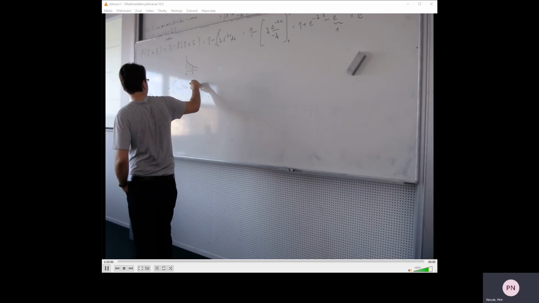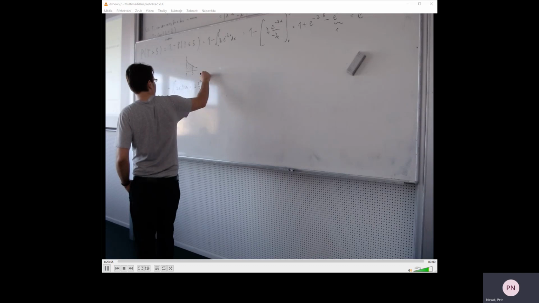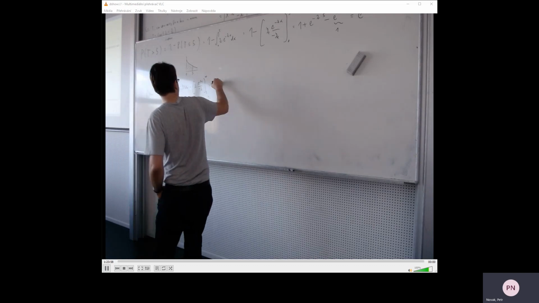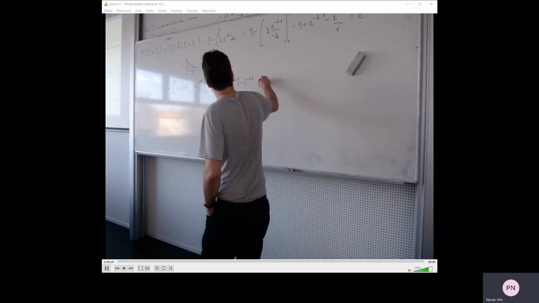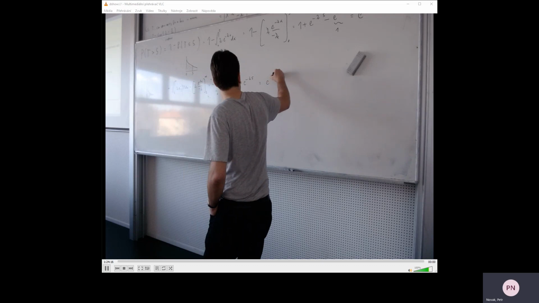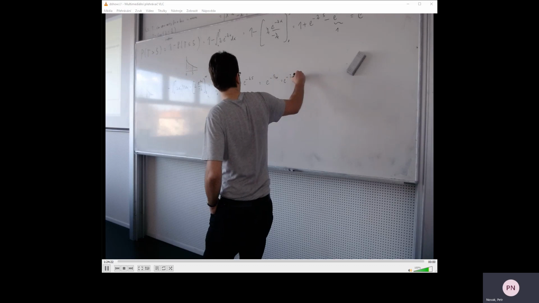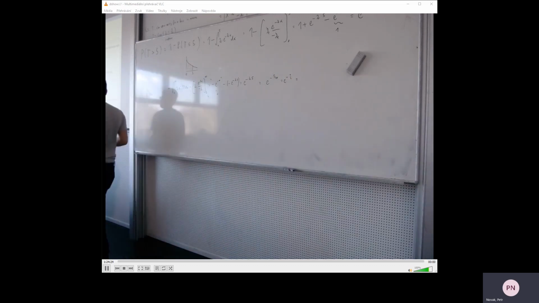So I will have lambda e to the power of minus lambda x over minus lambda from 5 to infinity, being minus e to the power of minus infinity, which is 0, minus e to the power of minus lambda 5, which is e to the power of minus lambda times 5. And I know that lambda is 1 over 10, so e to the power of minus 5 over 10, e to the power of minus 1/2, which is 0.606.